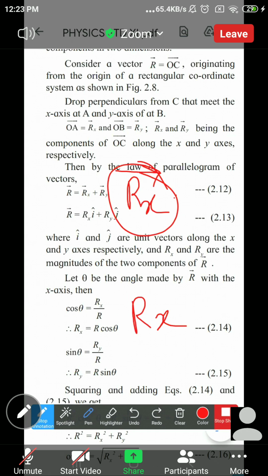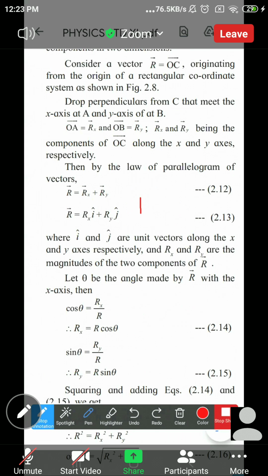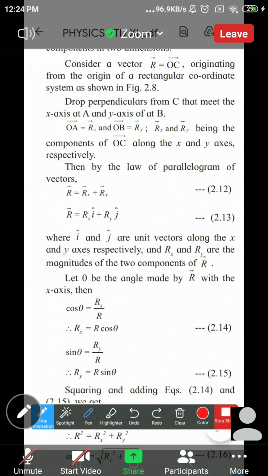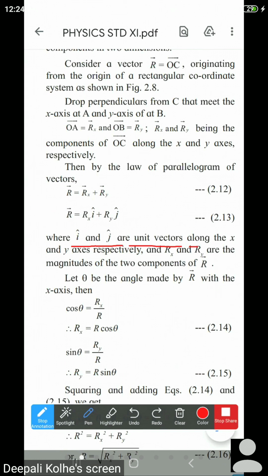Okay, unit vector i cap we can write in the form of Rx bar upon Rx. Only Rx we can write in the mod sign also. Mod means simply represent magnitude and it is not a vector. Rx, only Rx, this is not a vector, it is only the magnitude. ठीक है, तो यहाँ पर सुनो, i cap and j cap are the unit vectors along x and y axis respectively.